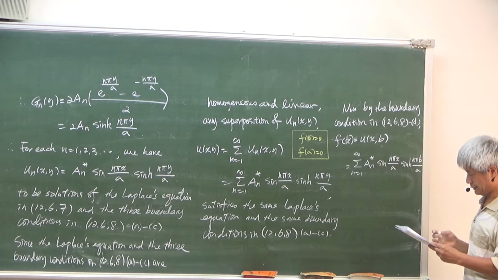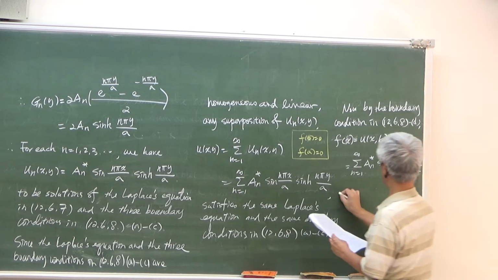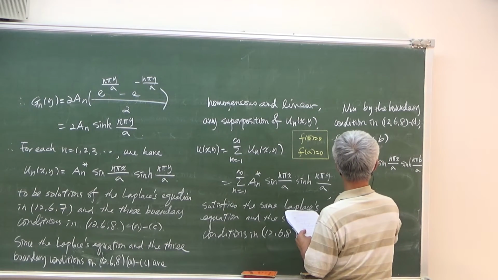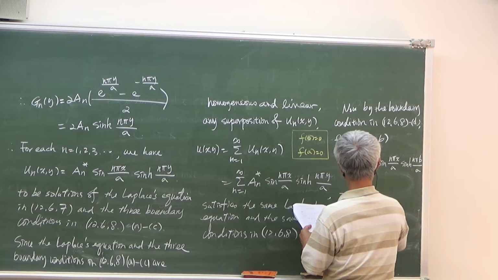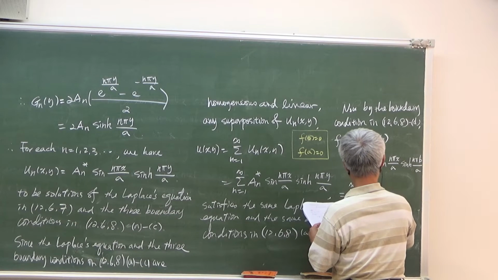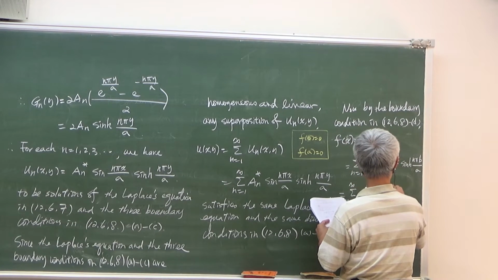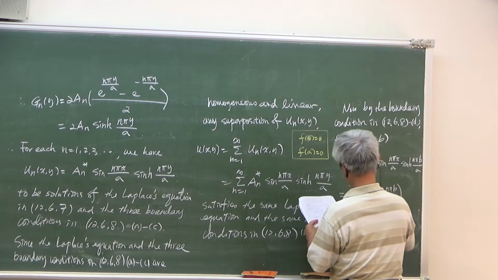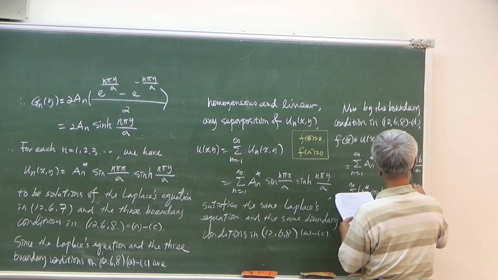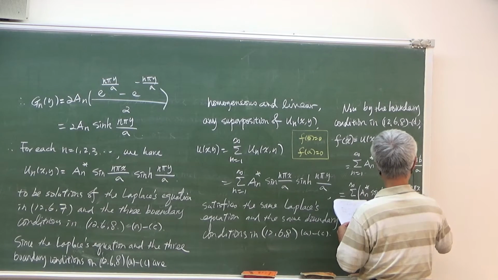So this becomes a_n star hyperbolic sine n pi b over a, and the sine n pi x divided by a.